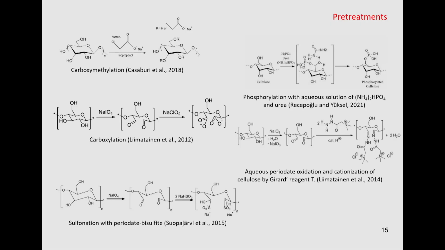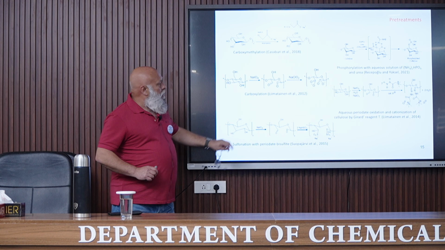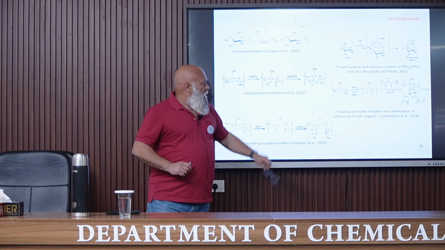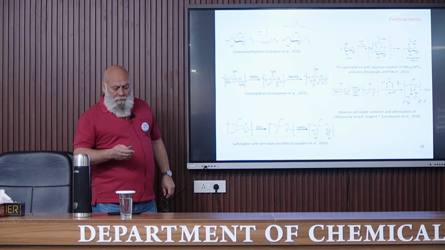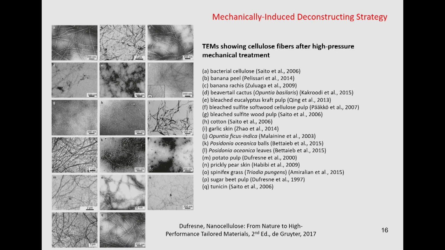Some other chemical pretreatments have been proposed. I will not describe everything: carboxymethylation, carboxylation, and you can see that in each case negative charges are introduced, sulfonation, phosphorylation, and periodate oxidation. Now, regardless of the source of cellulose, the aspect of the nanomaterial is always the same.